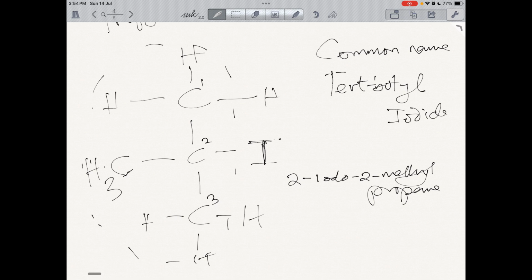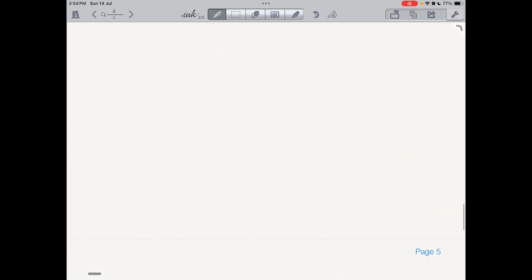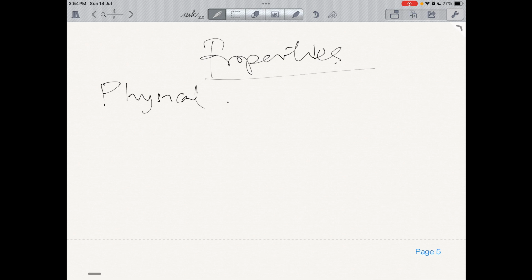And finally, it's also important to talk a little about the properties of haloalkanes, which is another name for alkyl halides. Of course, we first talk about the physical properties.